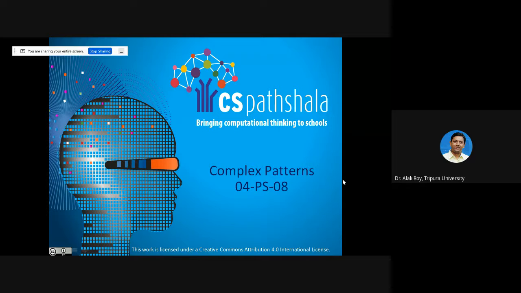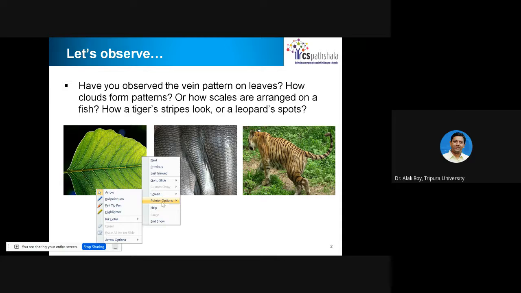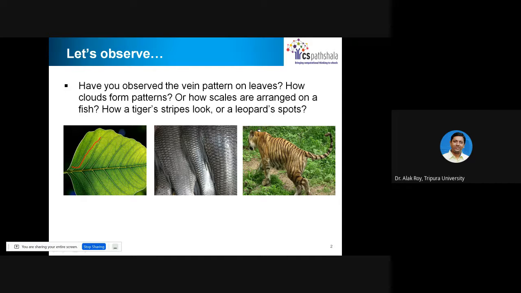Now in pattern, since it's in class 4, things will get more conceptual, and let's start with simple things first. If you can observe natural things like vein pattern on leaves, say in the picture, these veins are in some pattern. Or if you see a fish, there is a pattern in how scales are arranged on a fish.